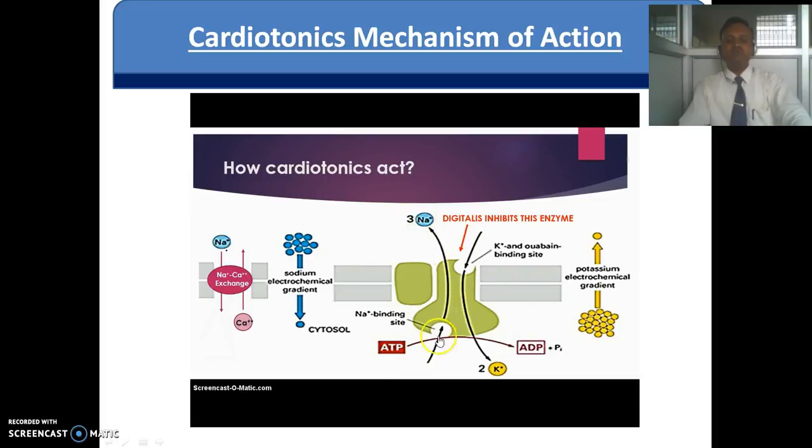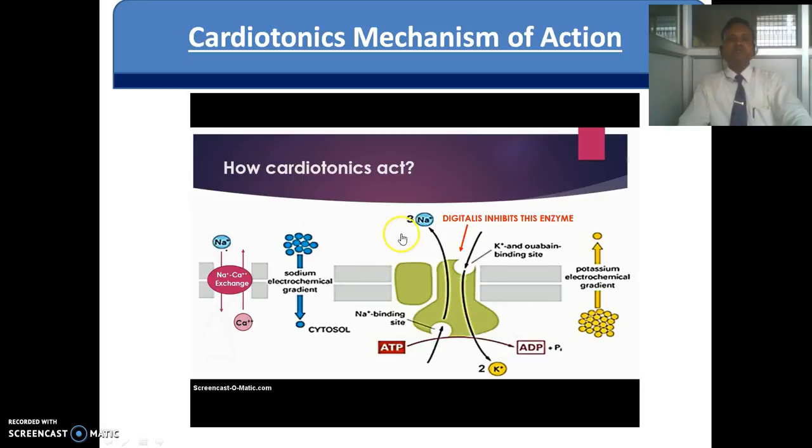This ATP-dependent exchange of sodium ions and potassium ions is blocked by these drugs. What will happen? Exit of sodium will be stopped and entry of potassium also will be stopped.